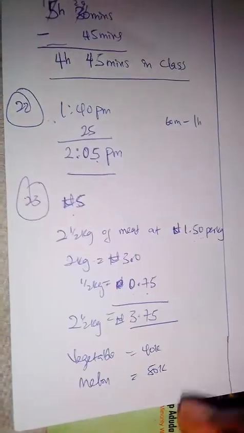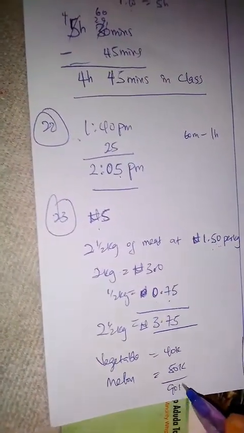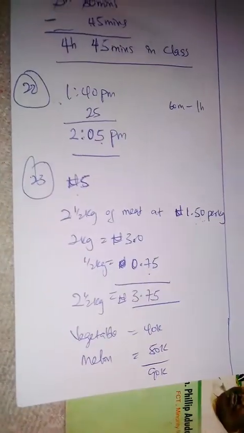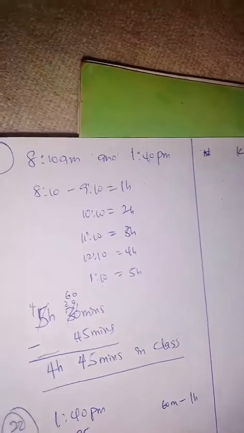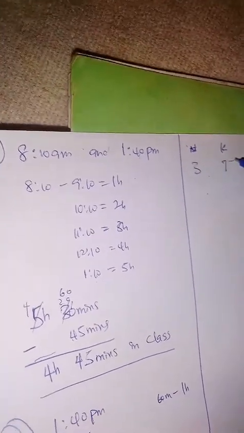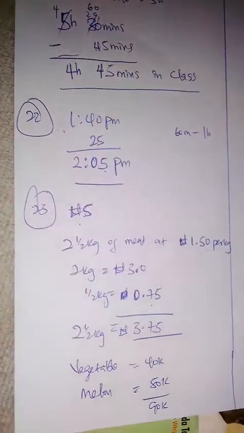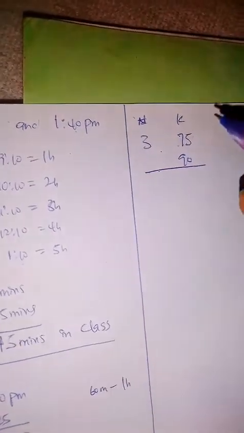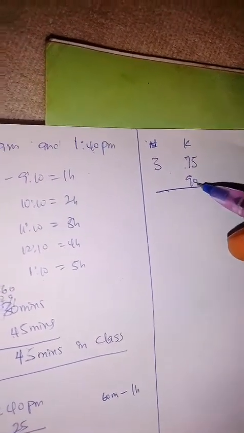Now, note, we're going to add all this together since he bought everything this morning. From this place, that's 90 kobo. Adding 90 kobo to 3.75 naira: 9 plus 7 is 16, that's 165.